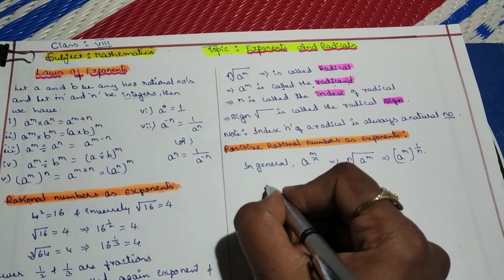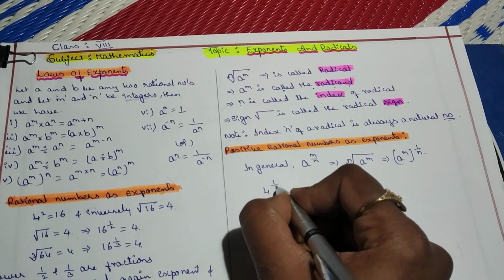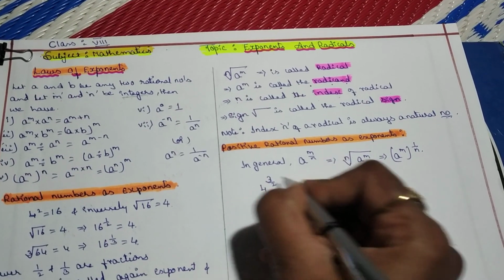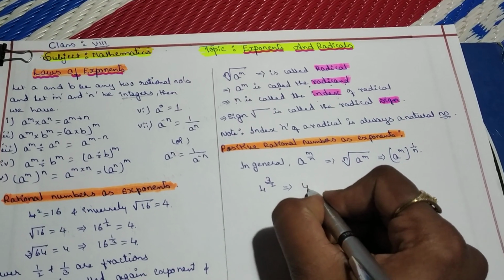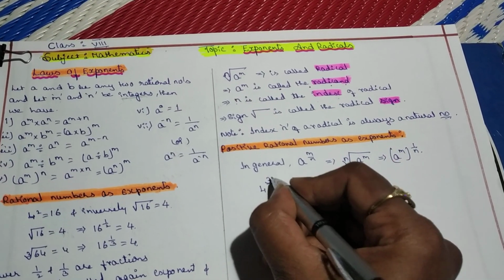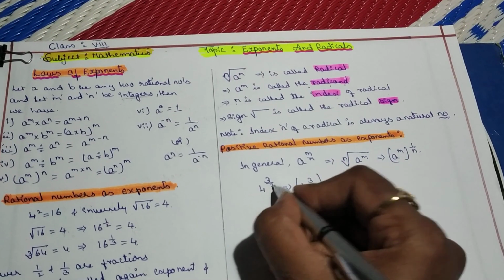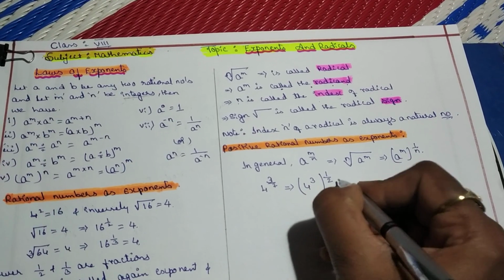Suppose I have a question like 4 to the power of 1 by 2, or I can take 4 to the power of 3 by 2. Then I can write this as 4 to the power of 3, the numerator being the power, and the denominator being the radical, so 1 by 2.